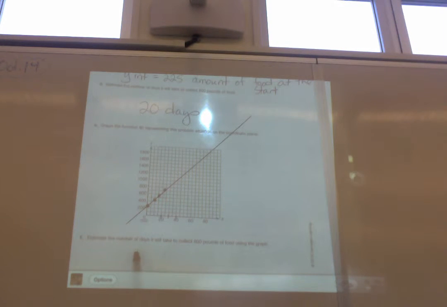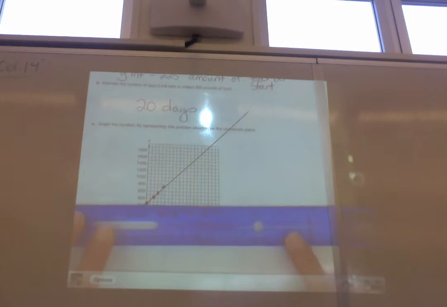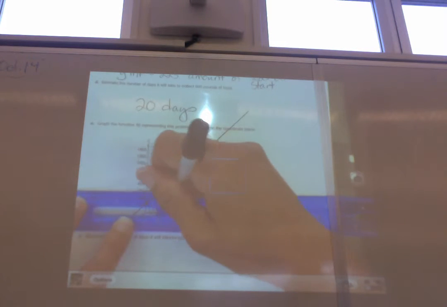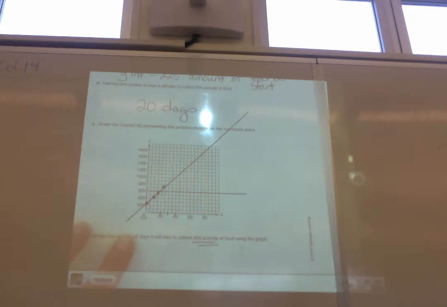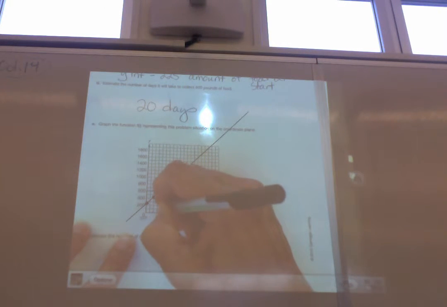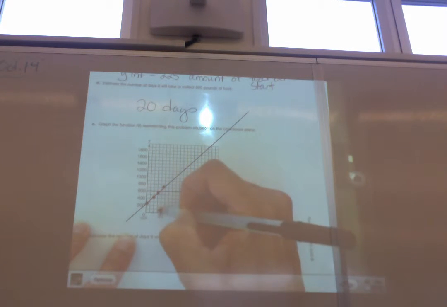And now using the graph, they want us to estimate the 600 pounds. So we go and find 600. 600 to 20. And I do an intersect. Where it crosses, I'm looking down now to try and figure out days. That's 600 pounds of food. This is my graph. I'm looking down, it's underneath 20.